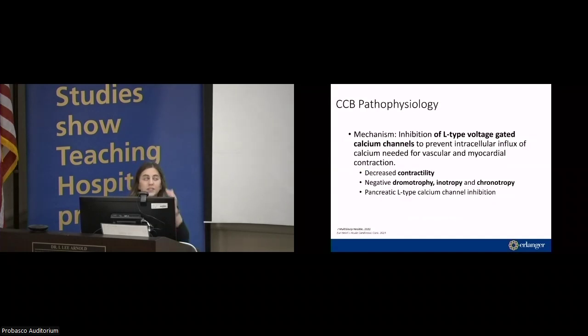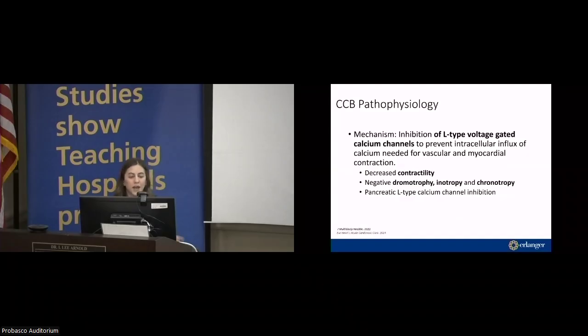For calcium channel blocker physiology, it's an inhibition of L-type voltage-gated calcium channels to prevent intracellular influx of calcium that's needed for vascular and myocardial contraction. So you'll have decreased contractility, negative inotropy and chronotropy.